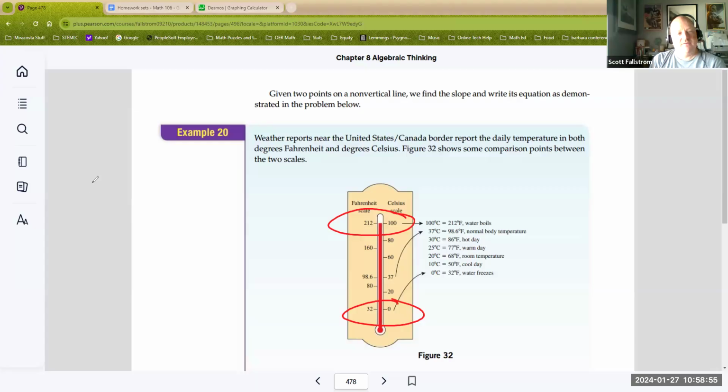So in Fahrenheit, I would have the points (32, 0) and the point (212, 100), right? That's kind of cool. Okay. So now I'm going to use that technique we just learned. So actually, I'm going to move this point over so that I can find the slope very quickly. Like, why not? I can find the rate of change.